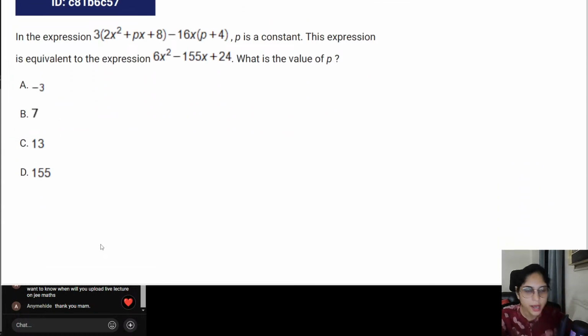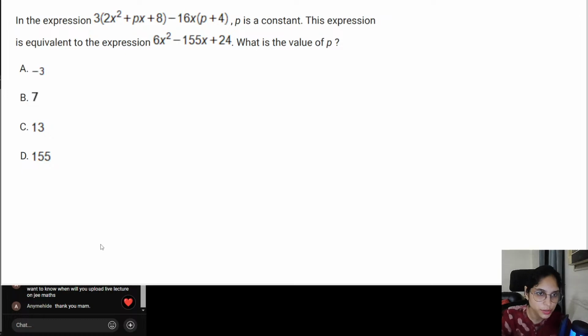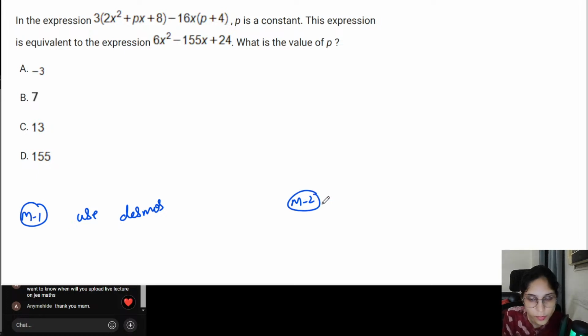Here, because you have P, so yeah, again, you can just use Desmos, check the options, or you can solve manually. I will simplify this.